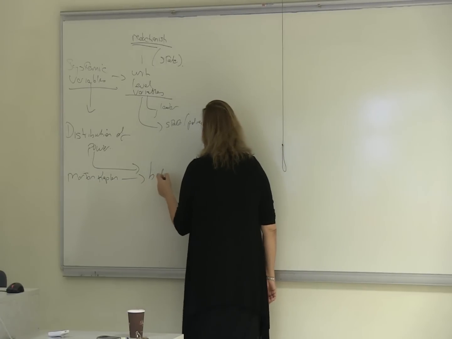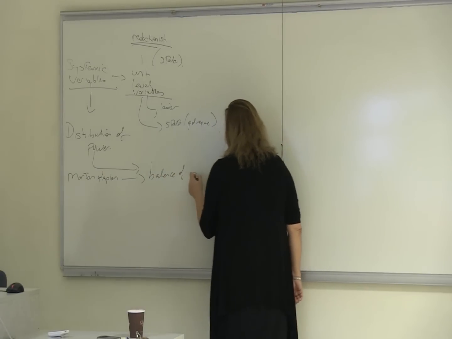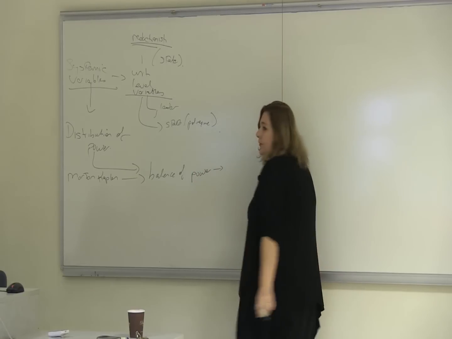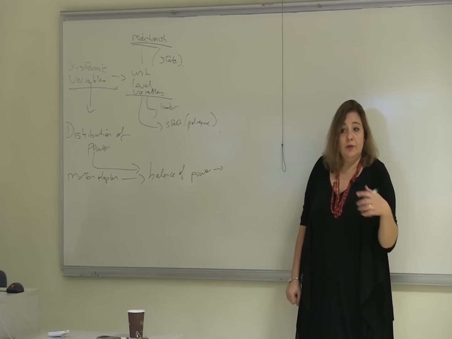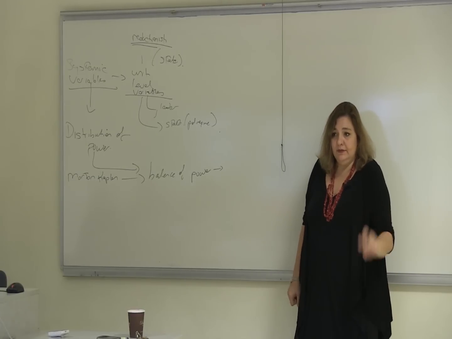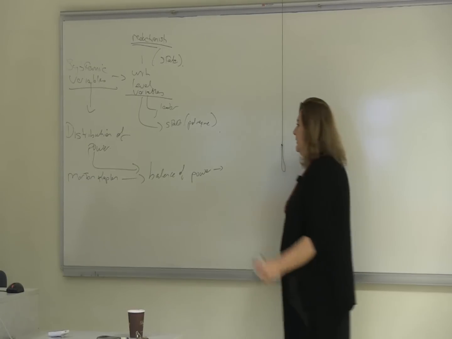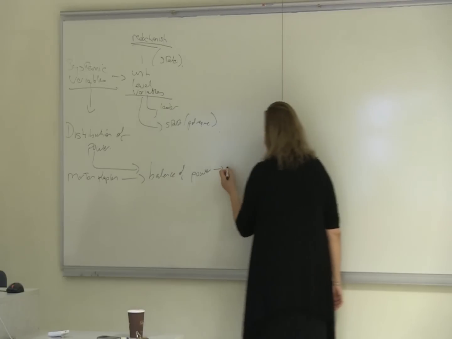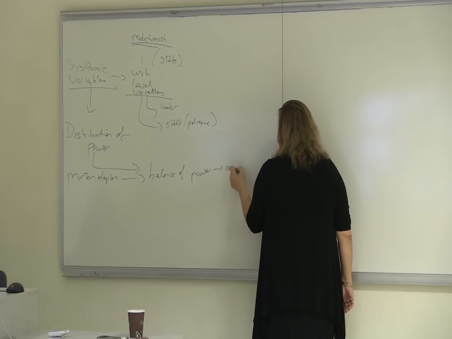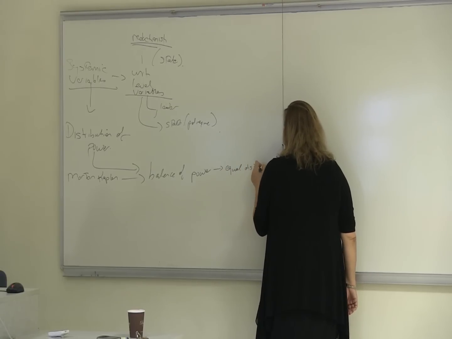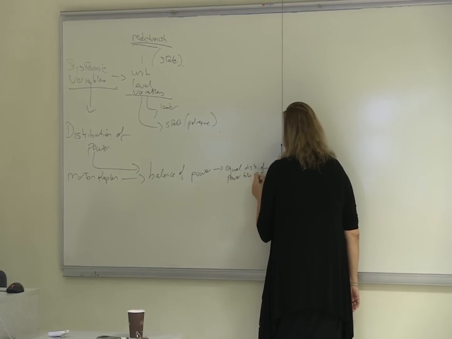So Kaplan, for example, said when you have an equal distribution of power, you have a balance of power system, which in and of itself is very hard to define. So for Morton Kaplan, balance of power meant a relatively equal distribution of power between 5 to 6 great powers.